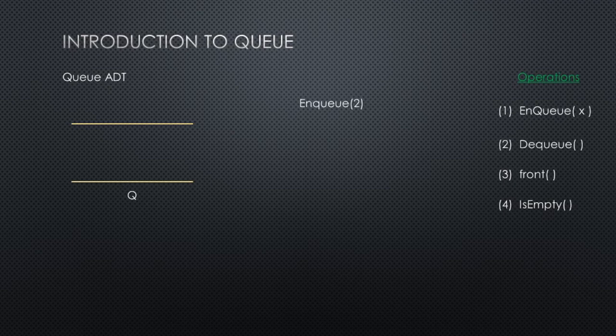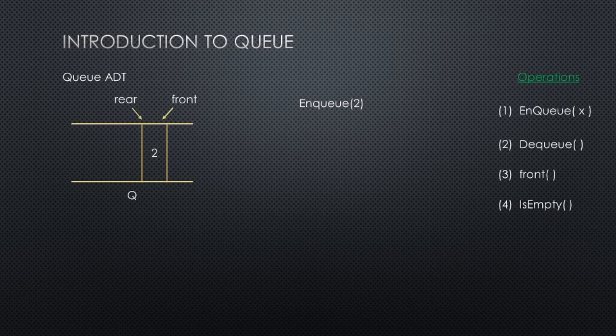Right now, this figure that I'm showing is an empty queue of integers, and I'm performing an enqueue operation here. In a program, I would be calling the enqueue function and passing the number 2 as an argument. After this enqueue, we have only one integer in the queue. Because we have only one element in the queue, front and rear of the queue are the same.